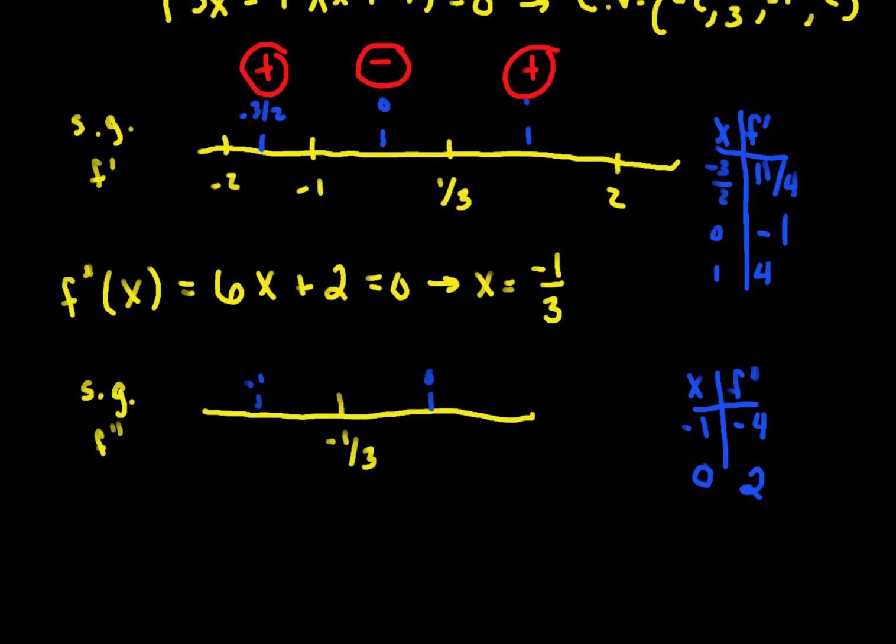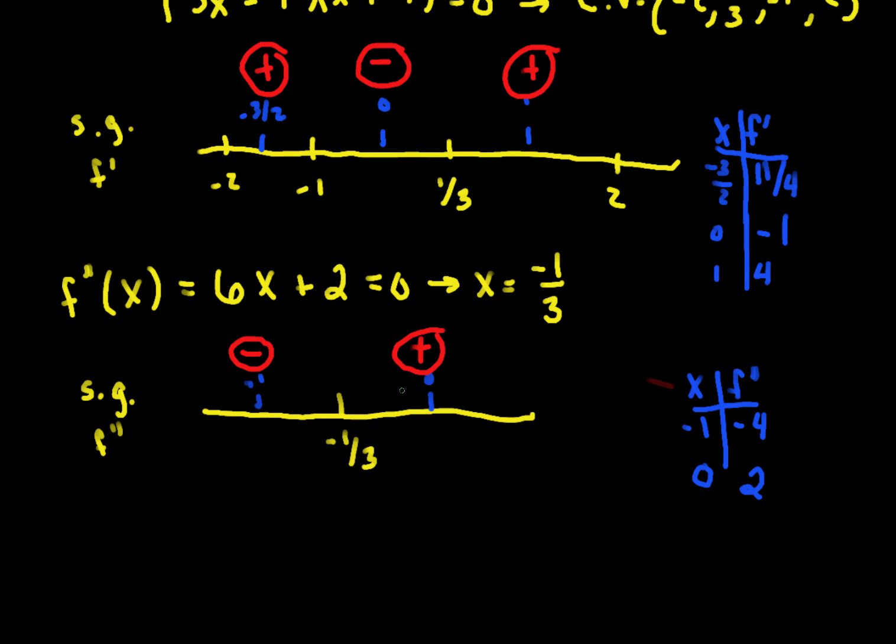So now we know that if x is less than -1/3, it's going to be negative. And if it's bigger than -1/3, it's going to be positive. In other words, it's going to be concave down in this interval and concave up in that interval.